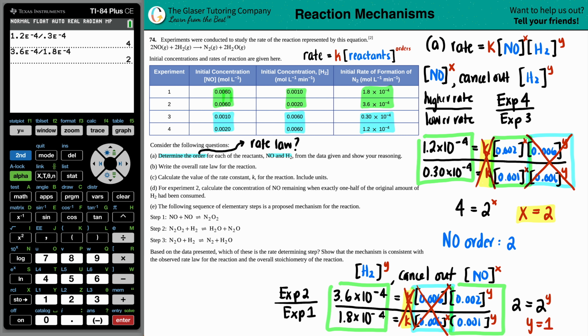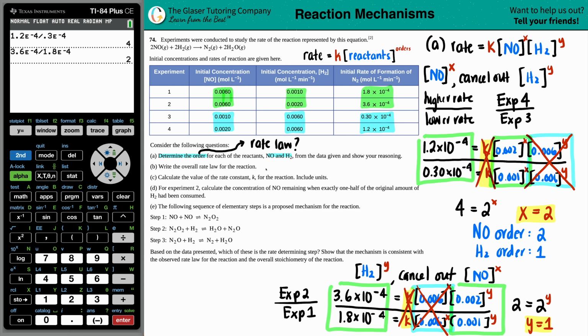Ooh, I don't like that color clash. There we go. So the H2, which was the y, H2's order is 1. So let's just put that over here. So NO's order was 2 and H2's order was 1. And that is the answer for A, basically.